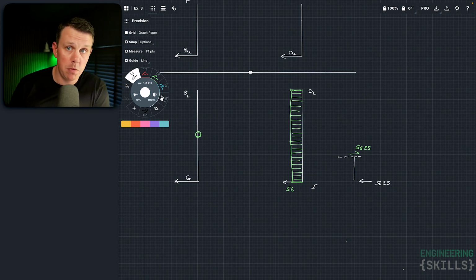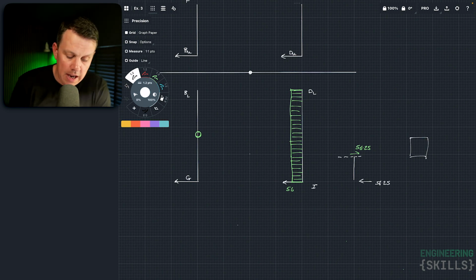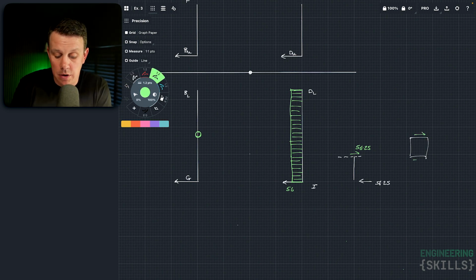And if you cast your mind back, if you've taken a look at the tutorial that accompanies this video, the written tutorial on engineeringskills.com, we talk about the deformation sign convention for shear. And when we talked about that sign convention, we defined an element of structure essentially. And if we had a shear on the top face here that was pointing to the right, that would obviously set the direction of all other shears on the face as well.